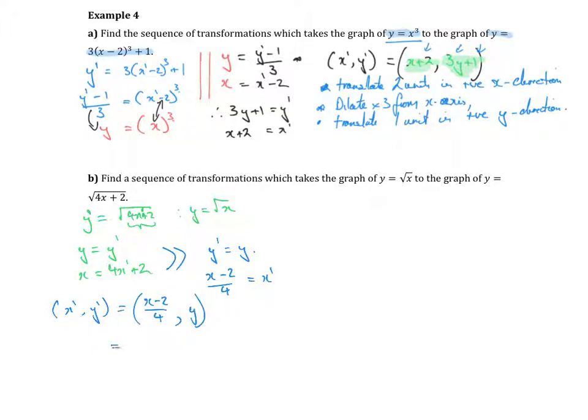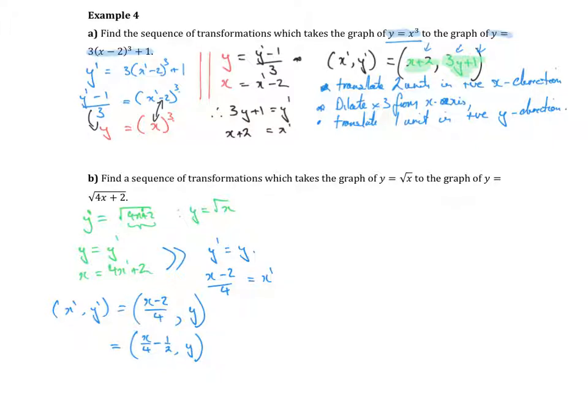Now I could write this as x over 4 minus 2 on 4, which is a half. Depending on how you want to describe your transformations, you might describe them slightly differently.